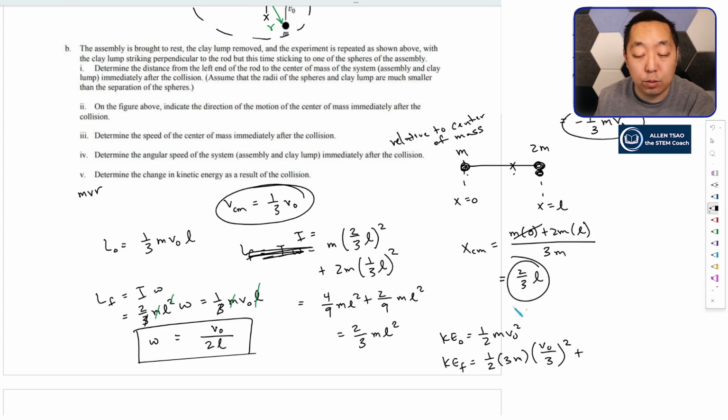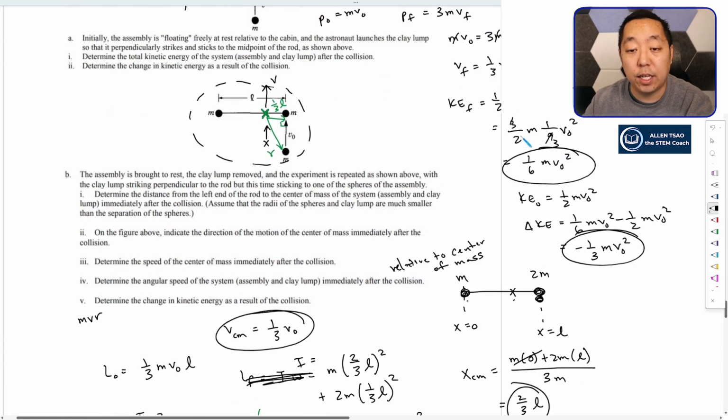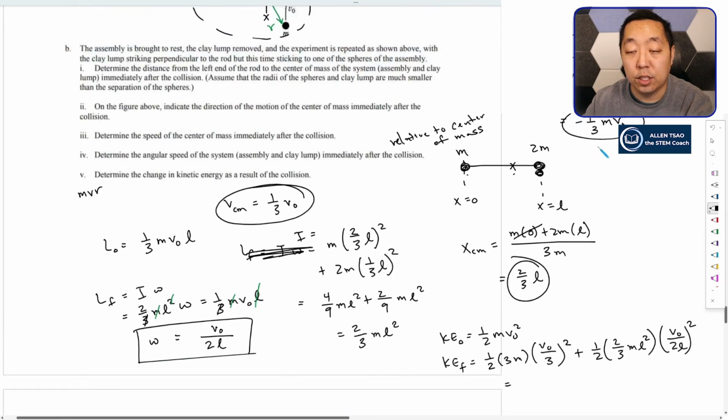But it also has rotational kinetic energy, 1/2 I, which is 2/3 ml squared, times omega squared, v0 over 2L squared. This part is going to be the same kinetic energy as before, just doing this calculation. That's going to be 1/6 mv0 squared.